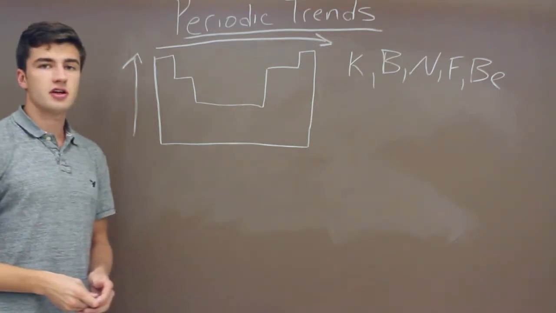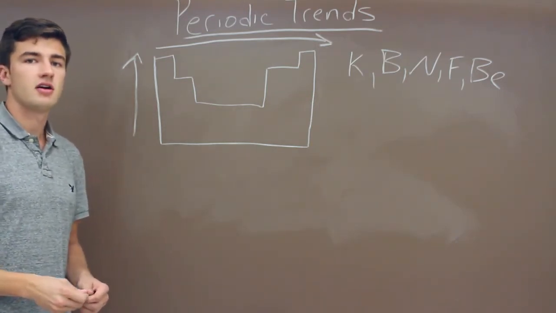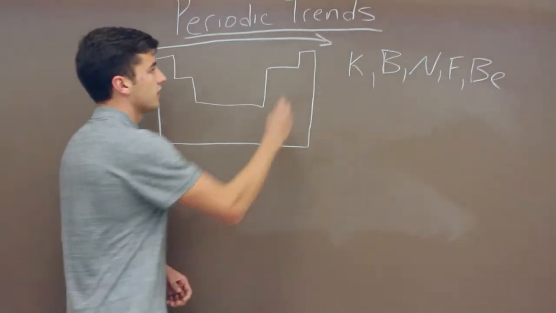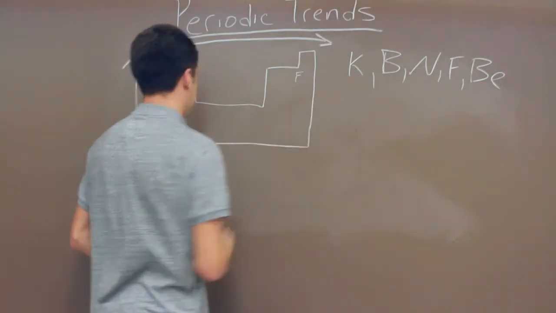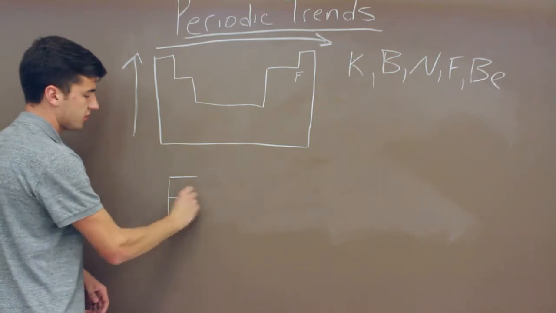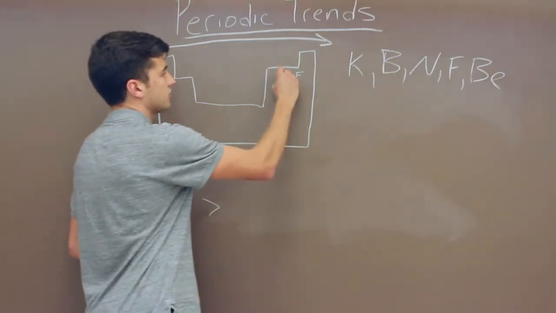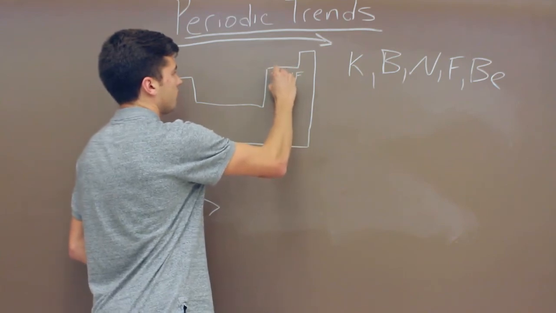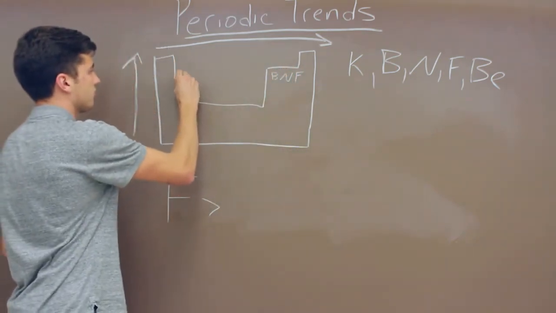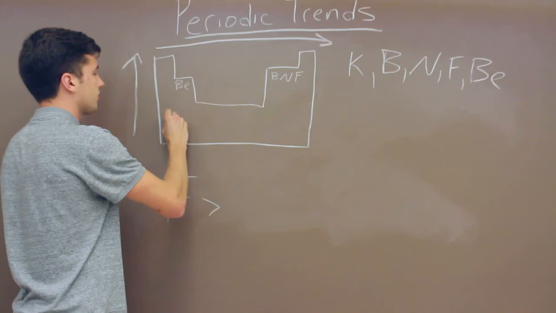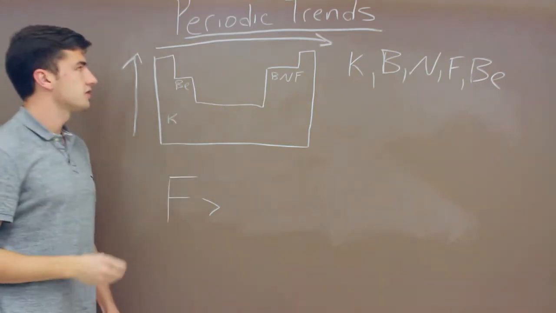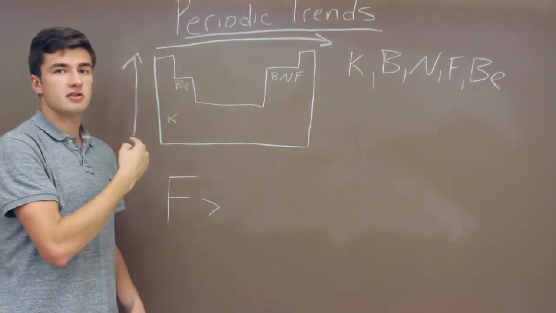So we know fluorine is the most electronegative atom on the periodic table, and it's right here. So this is going to be our number one. This is the most electronegative. Next, we have nitrogen, boron over here, beryllium, and down here, potassium. So as we go from right to left, it's decreasing.